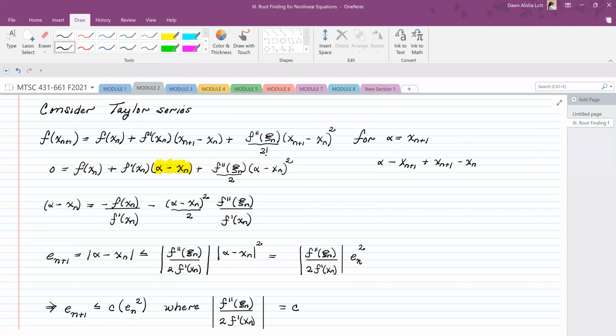I left out a step. Okay, so I see what I did. Alpha is the root.